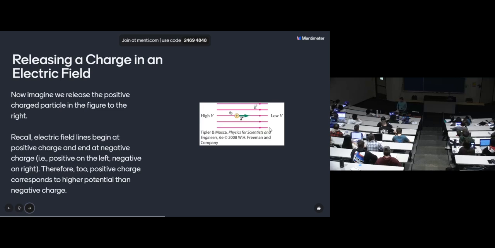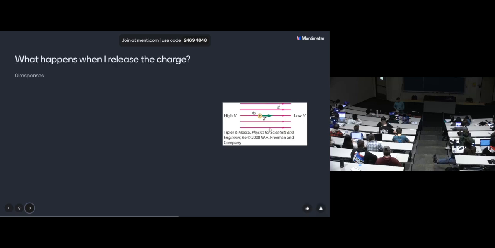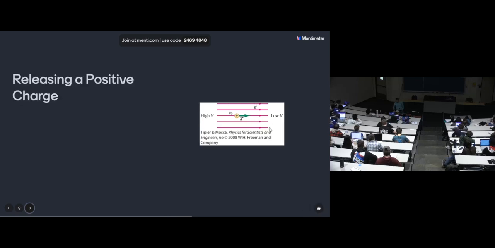And the reason that I state it that way is we can describe what happens when we release this charge in terms of the forces, in terms of the electric field, in terms of the electric potential energy, or in terms of the electric potential, and we are all making the same statement.